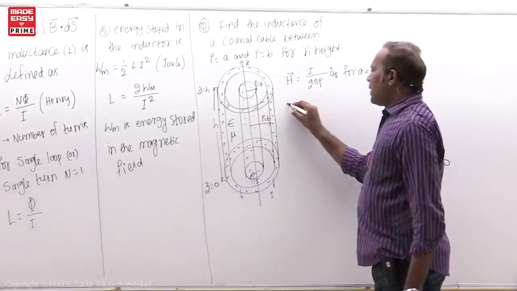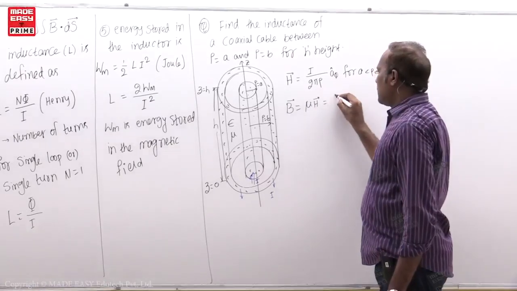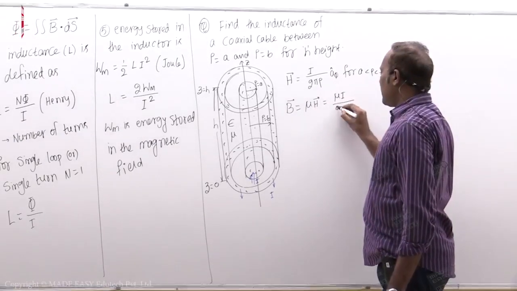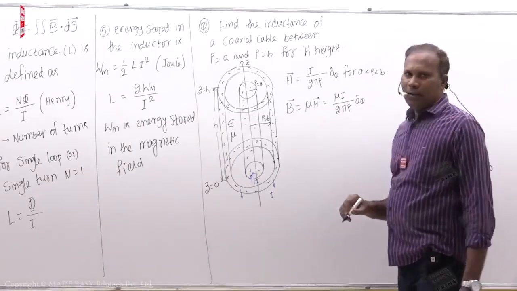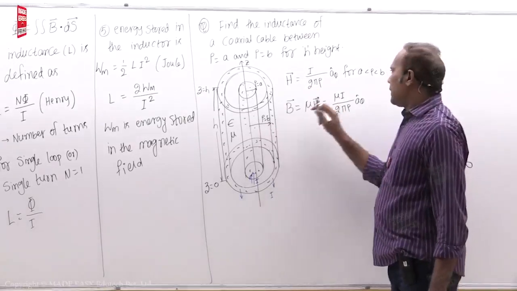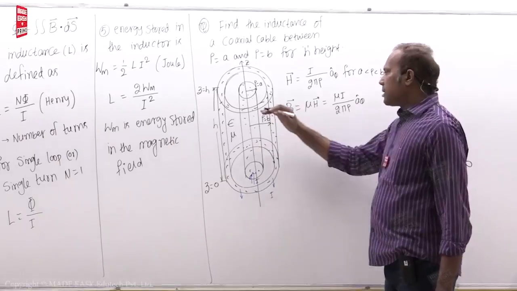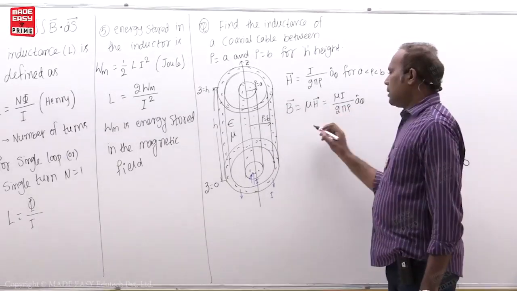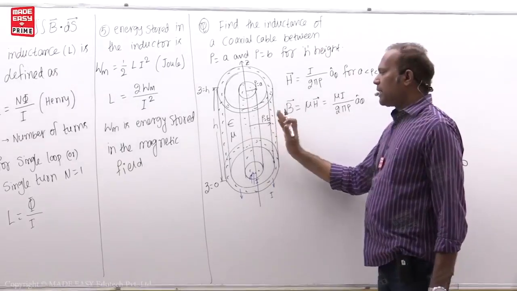Now B bar is equal to mu into H bar, so mu into I divided by 2 pi rho a phi. Okay, you know the H bar equation between A and B radius. In that medium only you have to find the inductance for h height. So B is mu H. Mu is the permeability of that medium present between A and B radius.